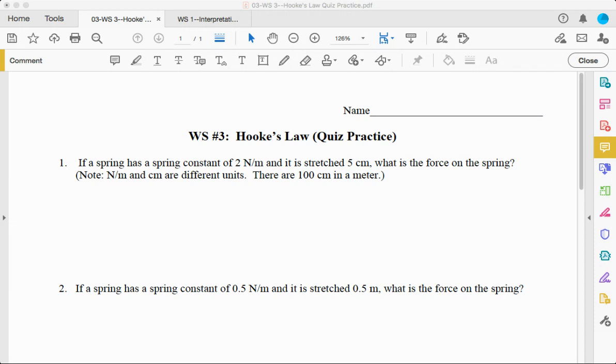So that is a representation of how stiff or how difficult it is to stretch or squish a spring. And in the worksheets that followed the lab, I talked about that. And so you should have looked at those videos posted on Wednesday and Thursday.